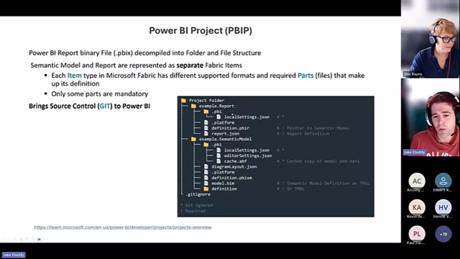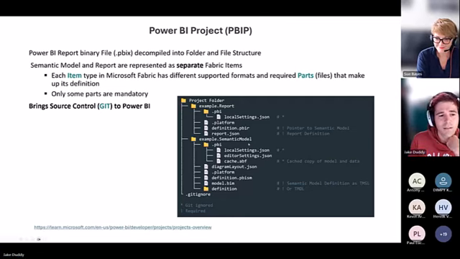The only link between your report and semantic model is in your report's definition.pbir, where you either have a hard-coded folder path to the semantic model, if you're working locally on your machine, or, if you're in the service, a byConnection, which is a location on the web where that semantic model exists.